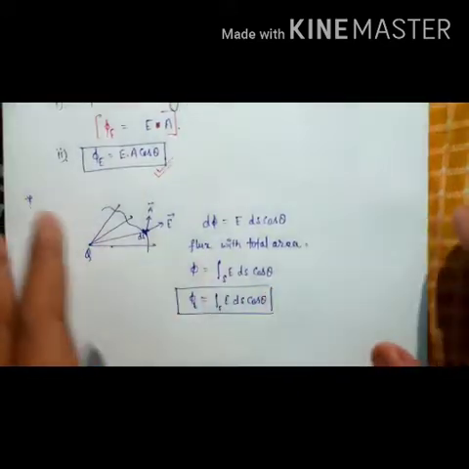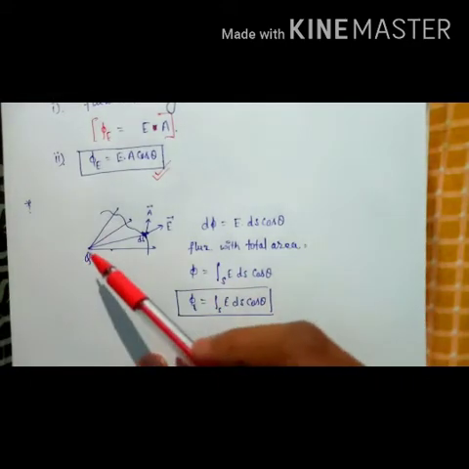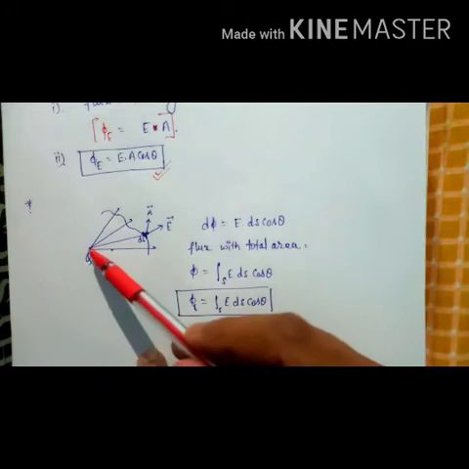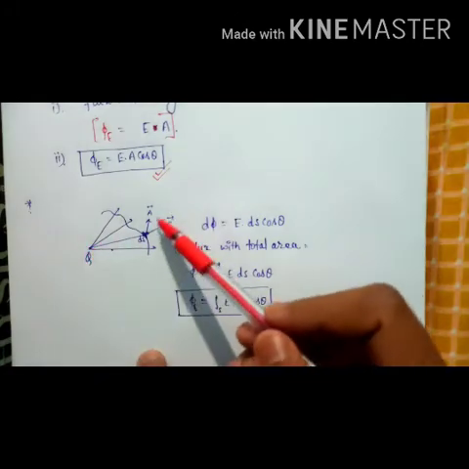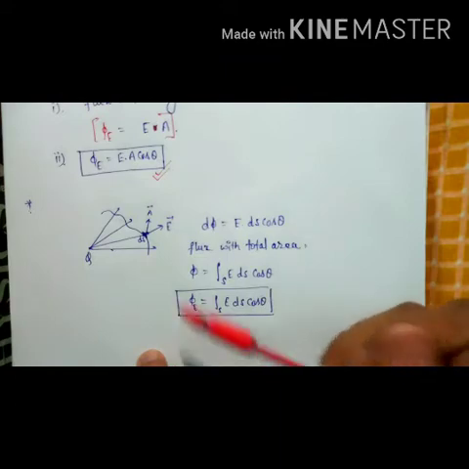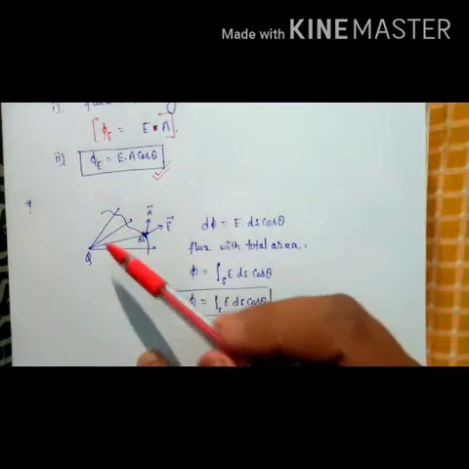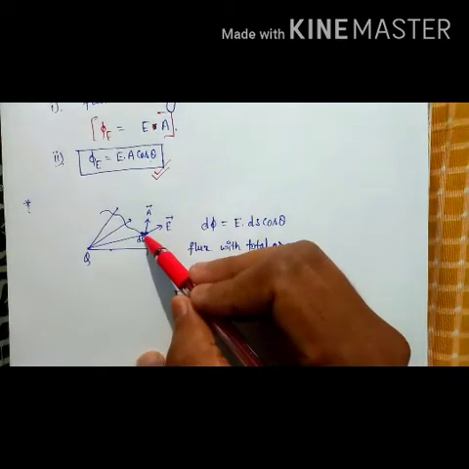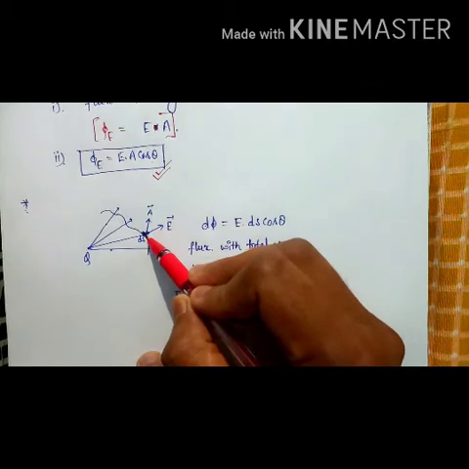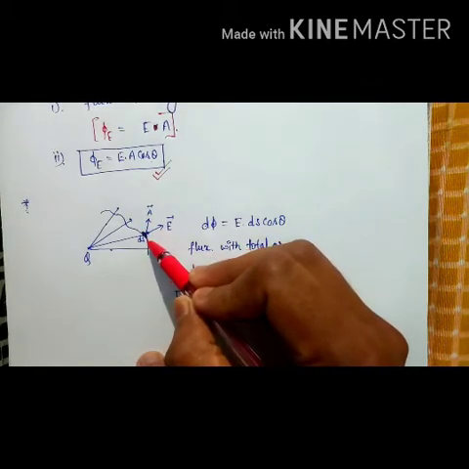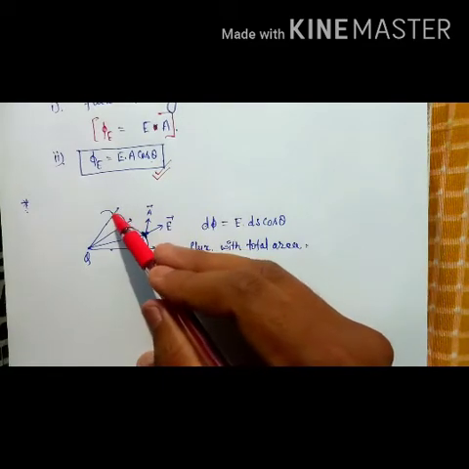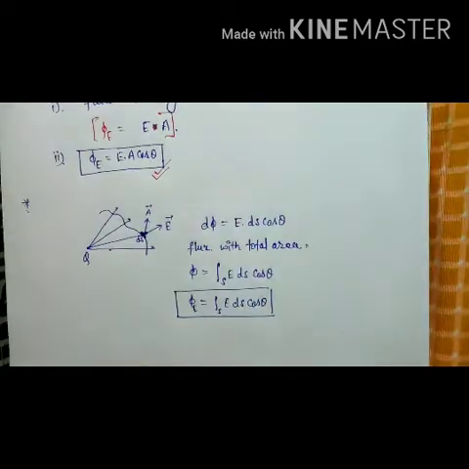Another situation we take: let us suppose the electric field is not uniform. Here the electric field distribution is different. So let us suppose a very small surface, that is dS. We consider a small surface dS in these conditions.